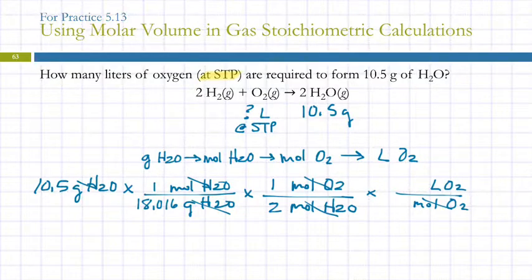We can use the molar volume of a gas. So it's 22.4 liters per 1 mole of oxygen. Now, if you forgot that number, as long as you remember what STP means, that the temperature is 0 degrees Celsius, 273.15 Kelvin, and the pressure is 1 atmosphere, you could use the ideal gas equation to calculate the volume from the number of moles. It's just some more steps.